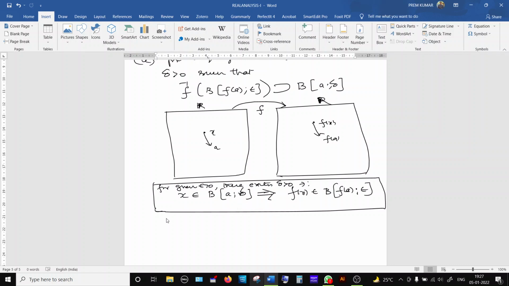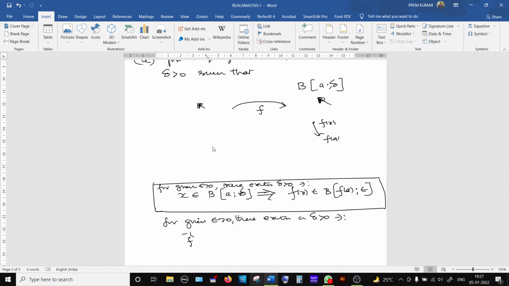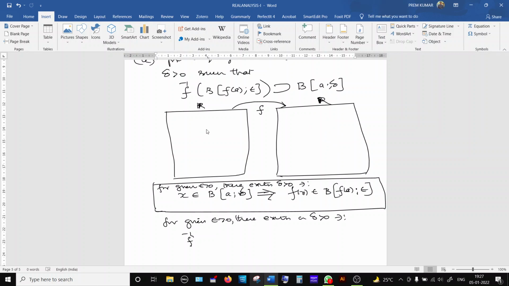Same thing in terms of inverse functions: for given epsilon greater than 0, there exists a delta greater than 0 such that the inverse image of the open ball. See, for example, I will erase these things a little bit and I will draw the open balls alone now. Suppose this is an open ball.